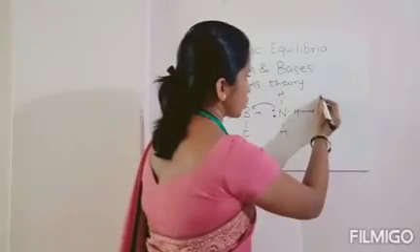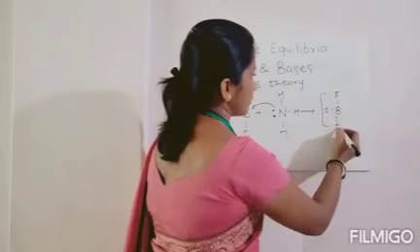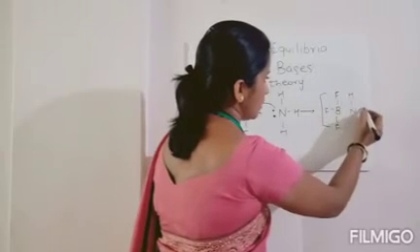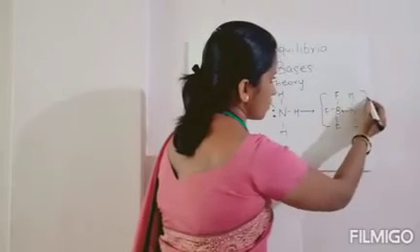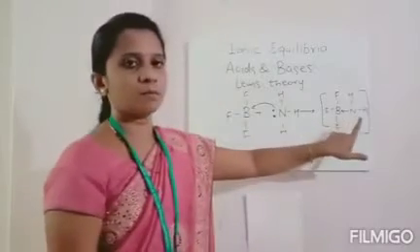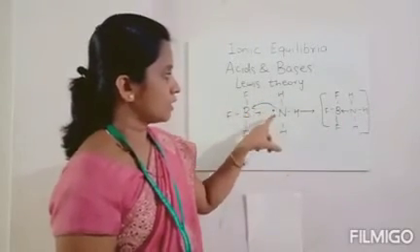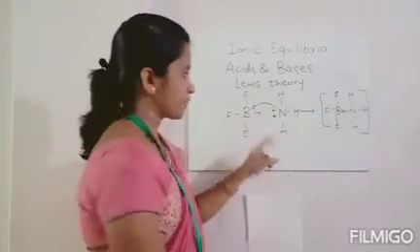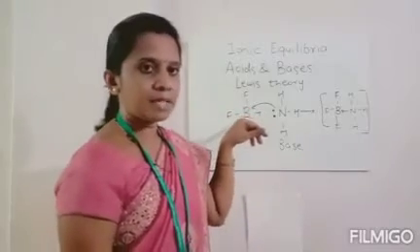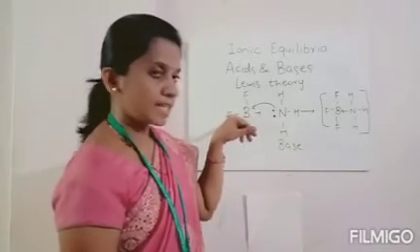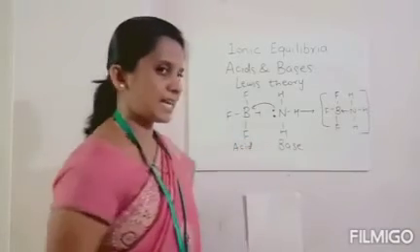So there will be formation of BF3 and NH3, and due to this sharing there is formation of coordinate bond. So in this case ammonia is donating electron pair, so ammonia act as base, and BF3 is accepting electron pair, so it acts as acid.